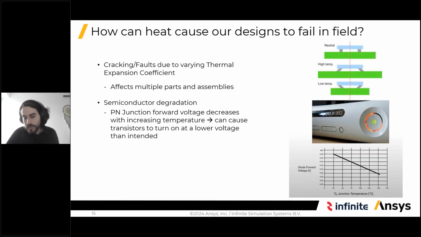We know also that with rising temperature, PN junctions decrease their forward voltage, so the transistors in a PCB are not working as intended. All these reasons have caused thermal reliability and thermal management to become a bigger and bigger topic in electronics in the past years. However, we do know that still today, companies are leaving thermal reliability as a last step, which should not be the case.